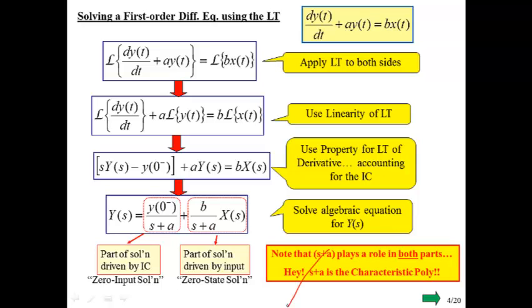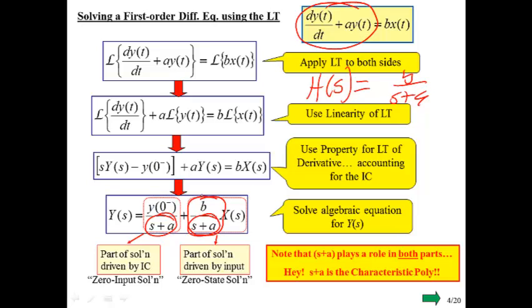And one thing that we note here is that we see s plus a show up in both places. If we go up here and think about what the transfer function of this thing is going to look like, the transfer function H(s) for this thing is going to end up being b over s plus a, and we see that that is the transfer function right there.